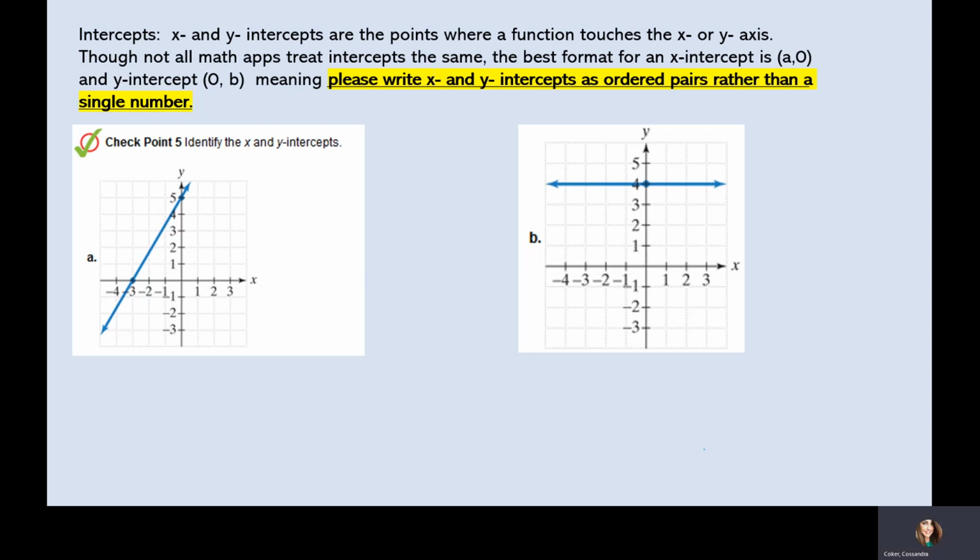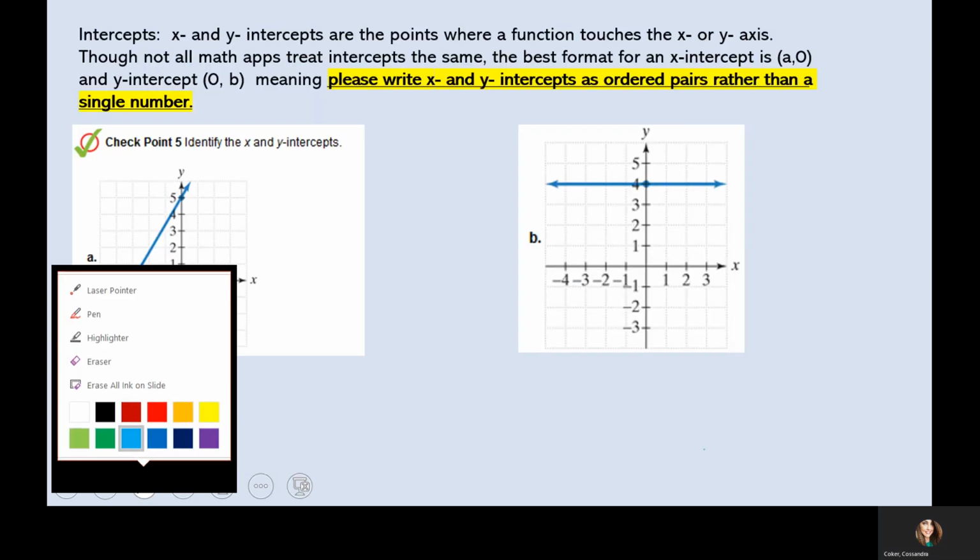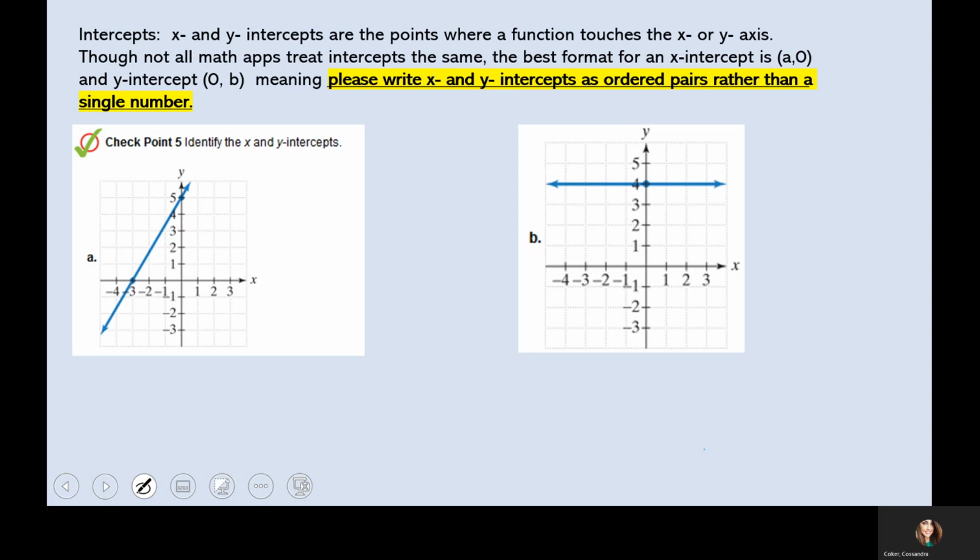So for example, part A, the x-intercept is -3. So we would say -3, 0. And in any x-intercept, the y-coordinate is always 0. Your y-intercept is 5.